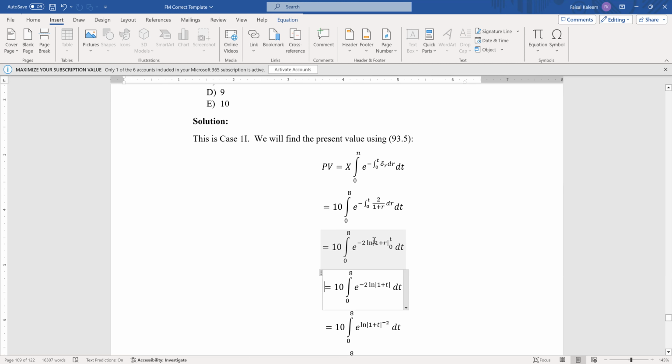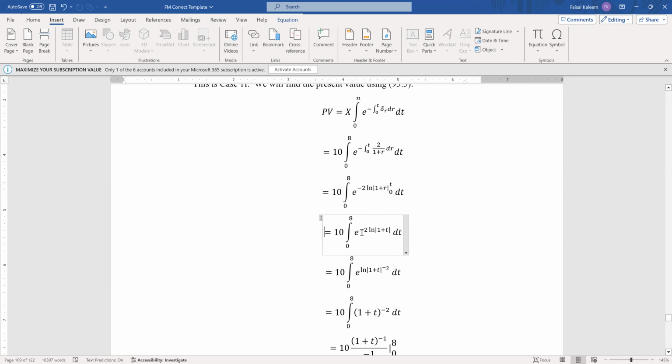So the lower limit goes away, and we just have negative 2 ln 1 plus t. Then when we raise e to this power, the coefficient of the log can move into the power, a log property that we learned in pre-calculus.